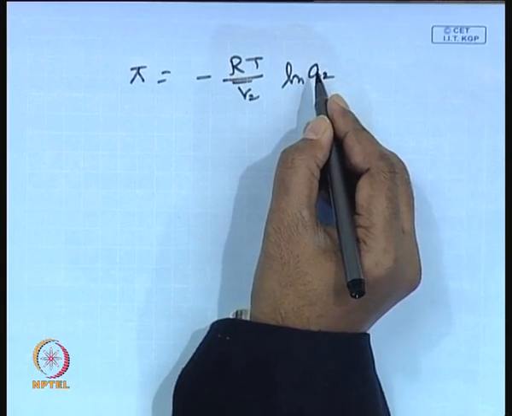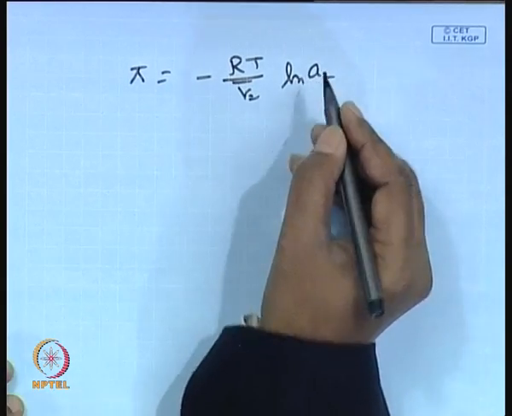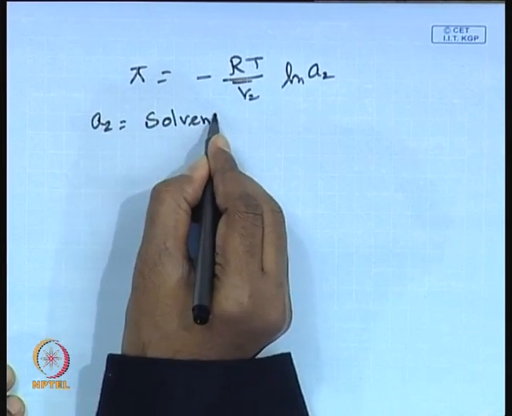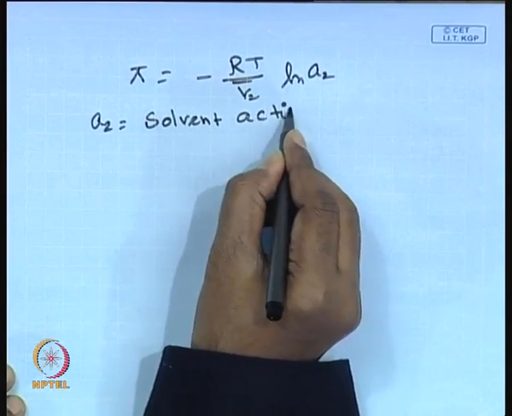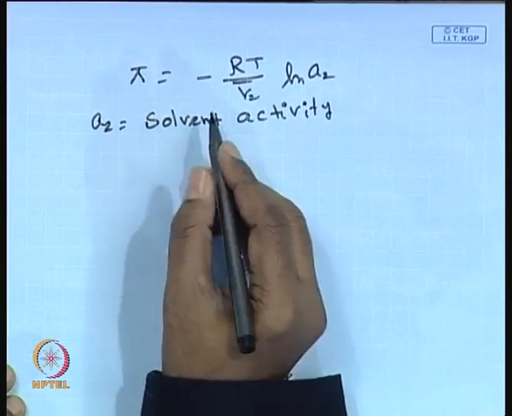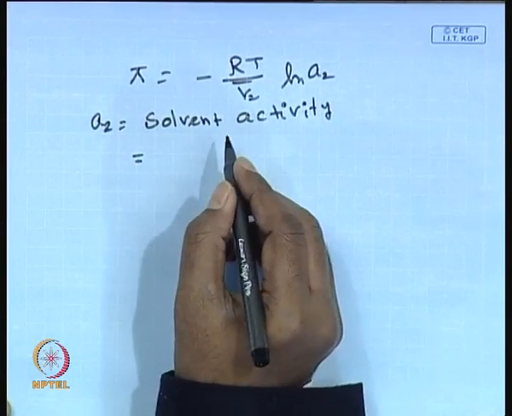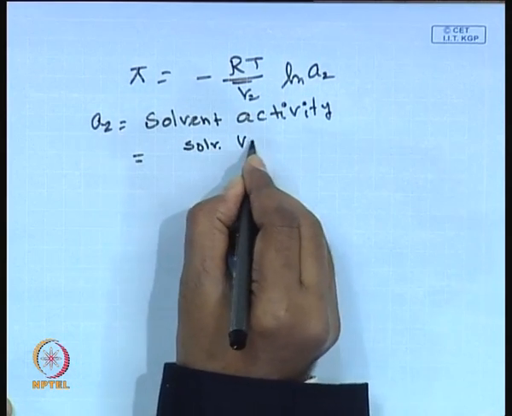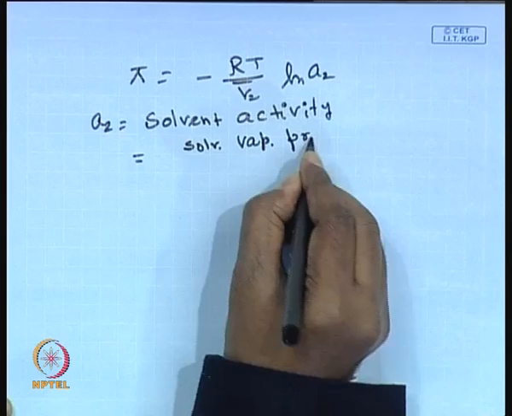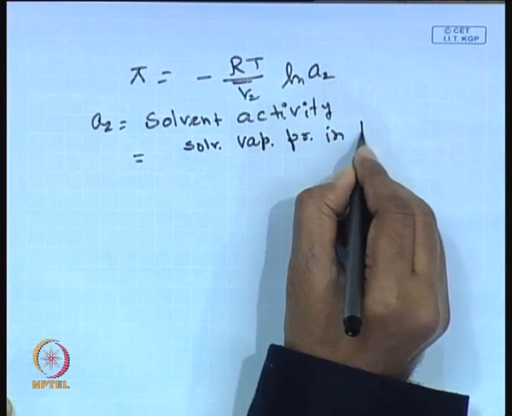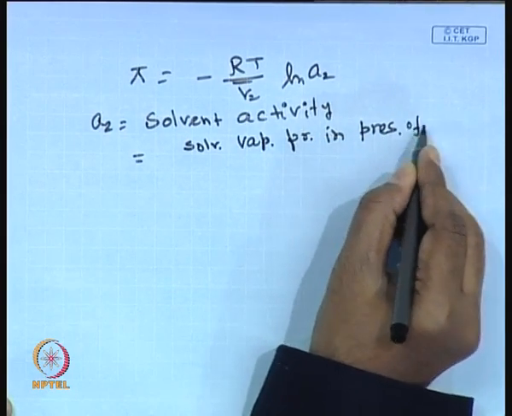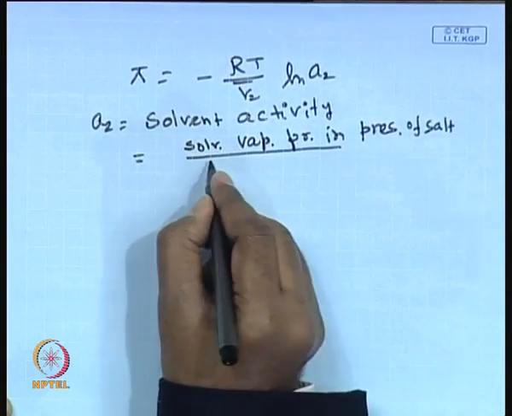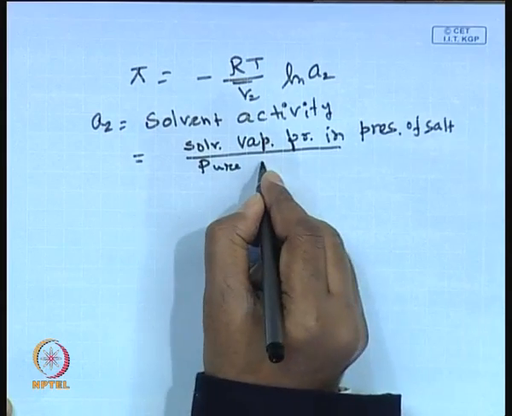A2. Okay. So, what is A2? A2 is basically the solvent activity. This is nothing but the solvent vapor pressure in presence of salt, and this is the pure solvent vapor pressure.